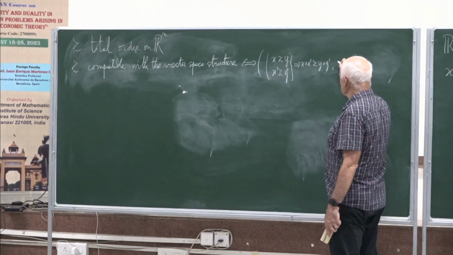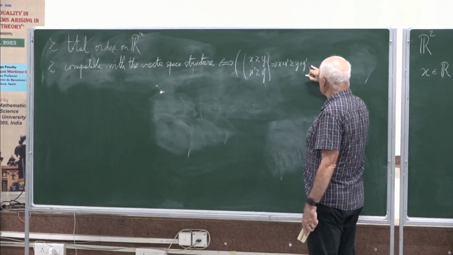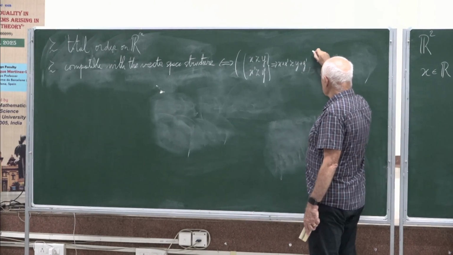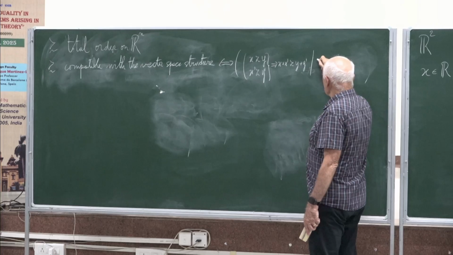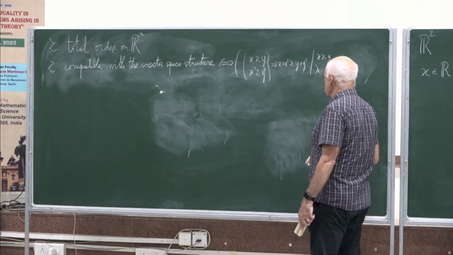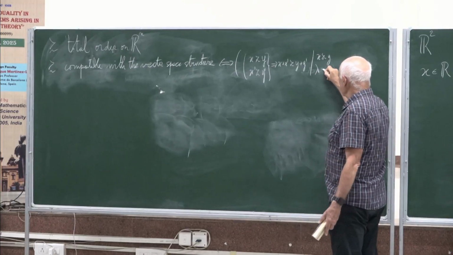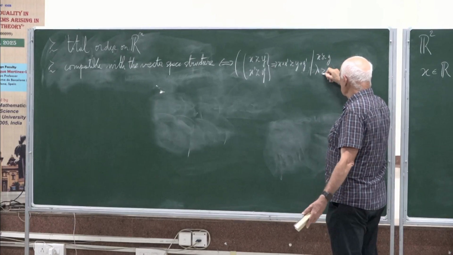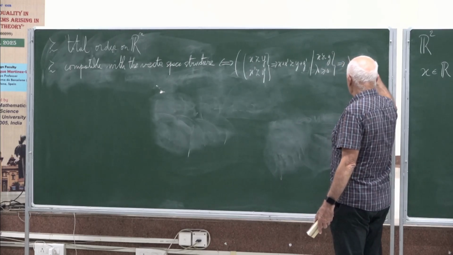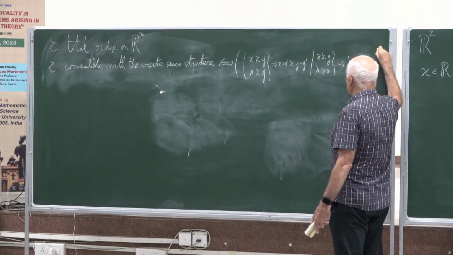And x preferred to y and lambda positive or 0 imply lambda x preferred to lambda y.